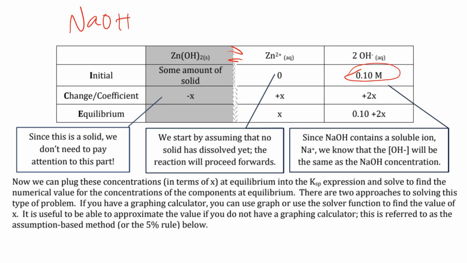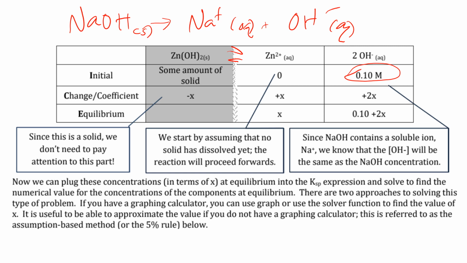NaOH, when it dissolves, is Na plus aqueous and hydroxide aqueous. So you have a solution of NaOH added to water. Because it does not give us the KSP, that means we assume that it is completely soluble.